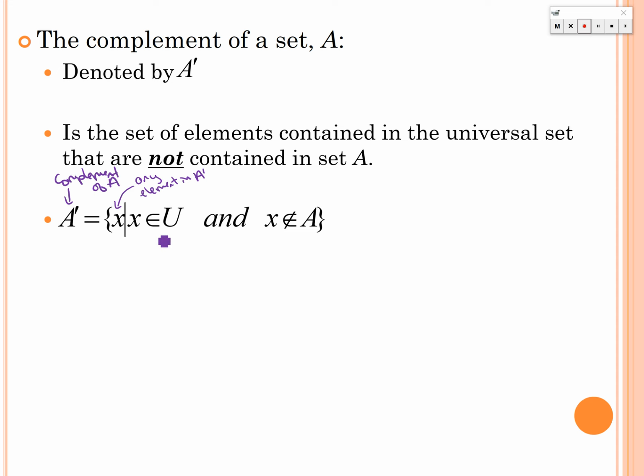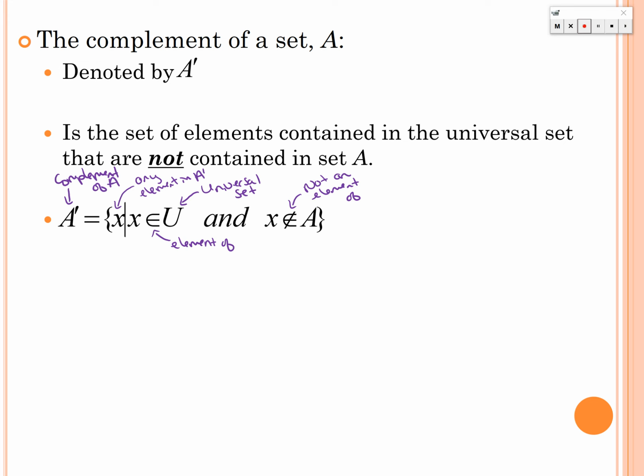Our E, kind of that squished down looking E, remember that means element of. Capital U is a universal set. And this symbol where we take our element of symbol and we put a slash through it means it's not an element of.